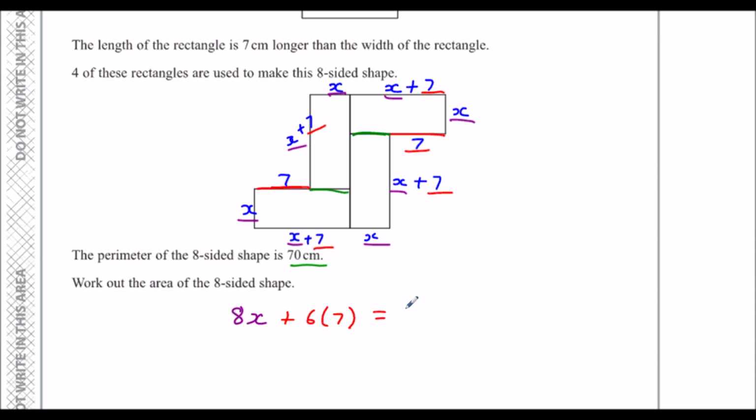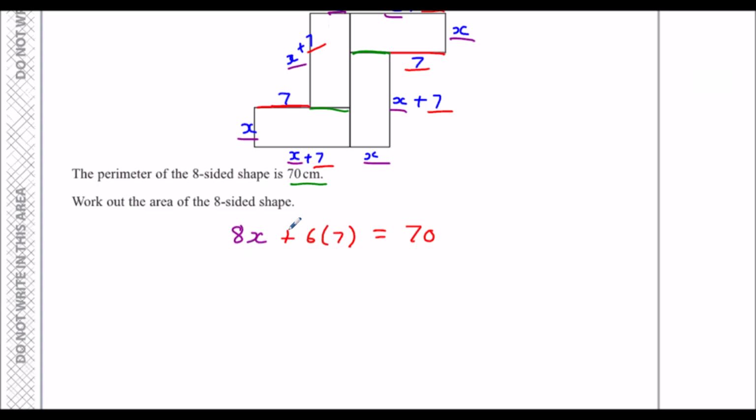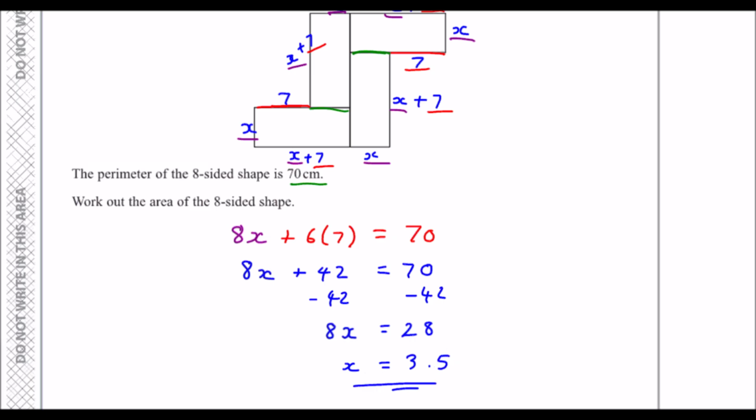And that equals 70. So 8 x's plus 6 sevens, that's the perimeter, and it equals 70. So 6 times 7 is 42. Now we've got to solve the equation, so subtract 42 from both sides. 8x equals 28, and then divide both sides by 8, so 28 over 8 is 7 over 2, or 3.5. So x is 3.5.